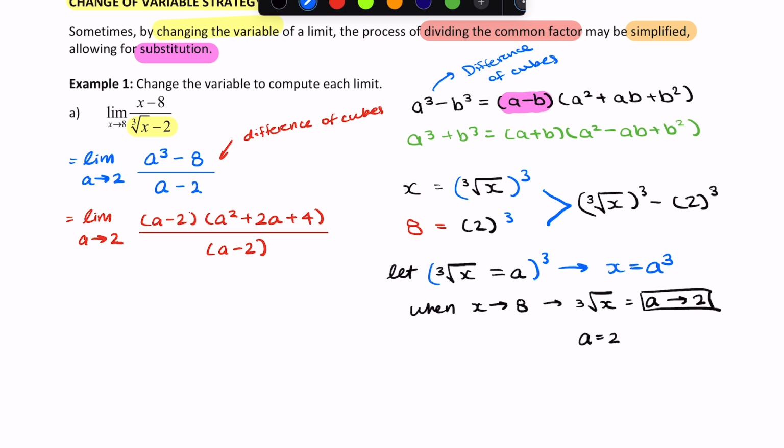And here we can cancel out this a minus 2. We'll simply be left with the limit as a approaches 2 of a squared plus 2a plus 4.